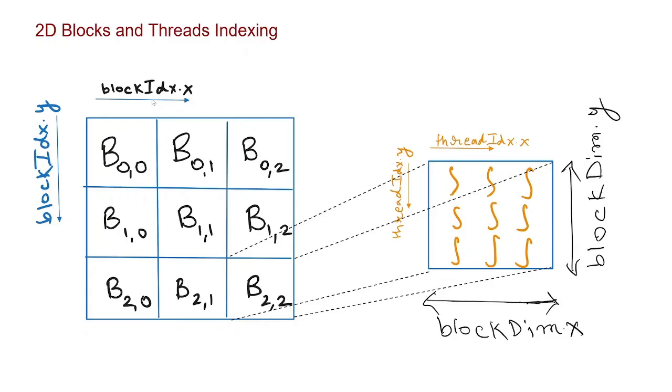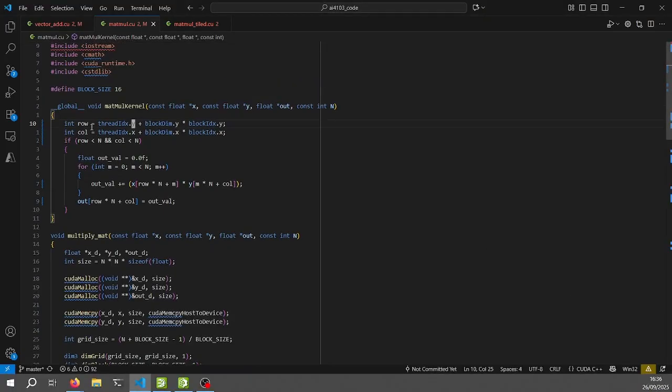The thing to note here is that we are usually used to thinking of x indexing the rows and y indexing the columns, but CUDA does it a bit differently. Once we know that, I can get the row, just like an analog of what we did for vector addition, and similarly for the columns.